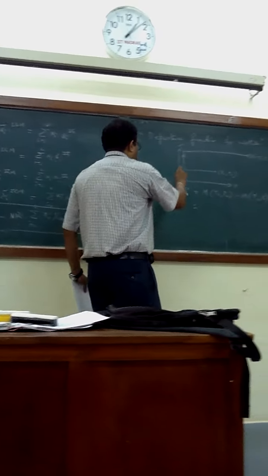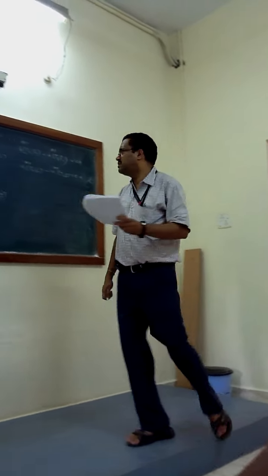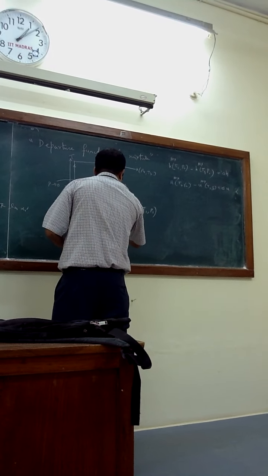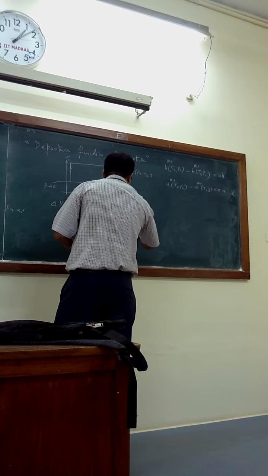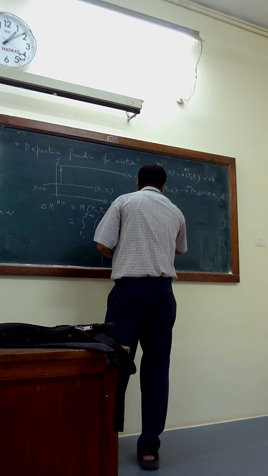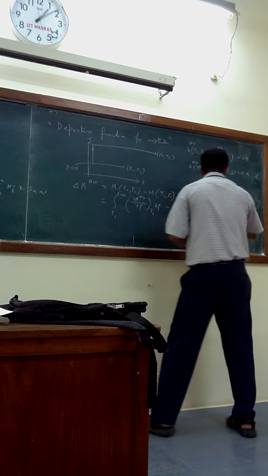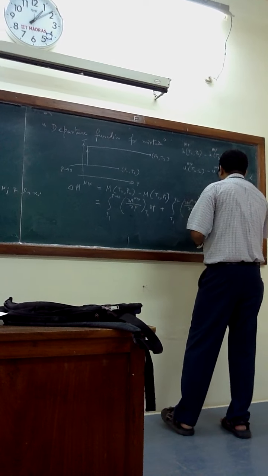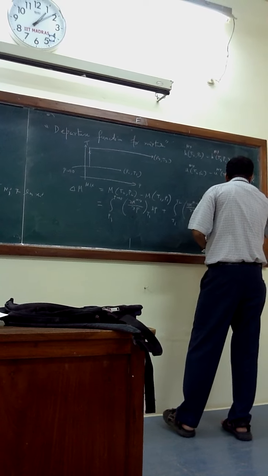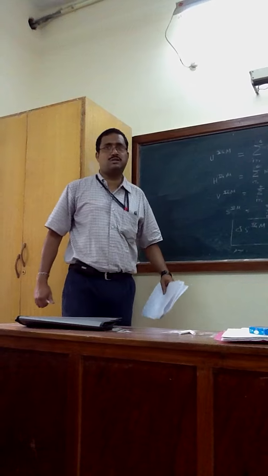Pure substance: integration from P1 to P tends to 0 of dou M mix by dou P at constant T1 dP, plus integration from T1 to T2 of dou M mix by dou T at constant P tends to 0 dT, plus integration from P tends to 0 to P2 of dou M mix by dou P at constant T2 dP. So far, pure substance or multi-component substance, no difference in departure.